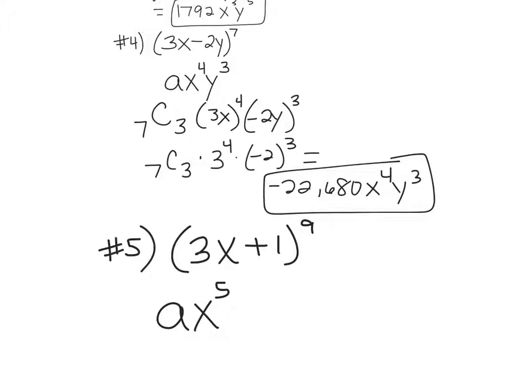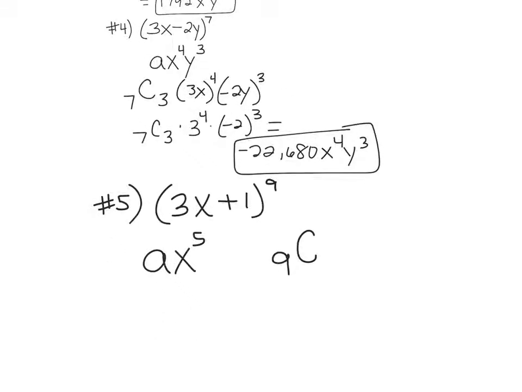All right, so let's talk about this. We're going to have 9c something. I know that my x term is going to be to the 5th power. My y term would then be to the what? 4th power. So this has to be 4 also. See how there's no y here? It's because there's a 1. There's a number.